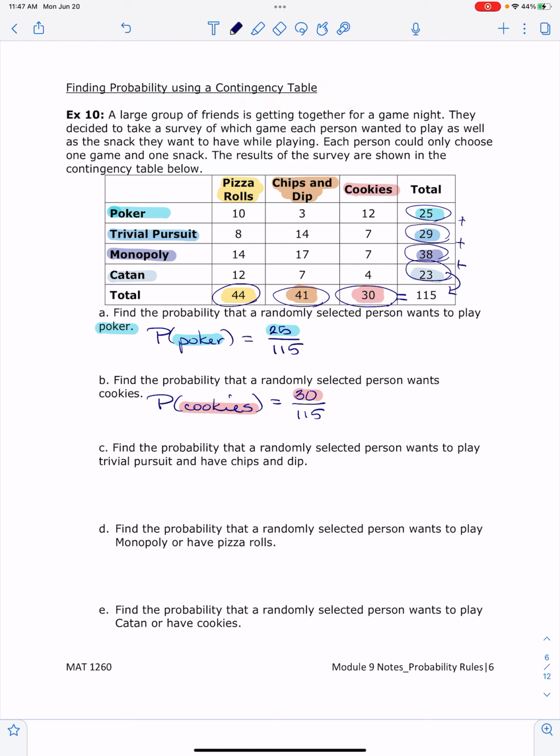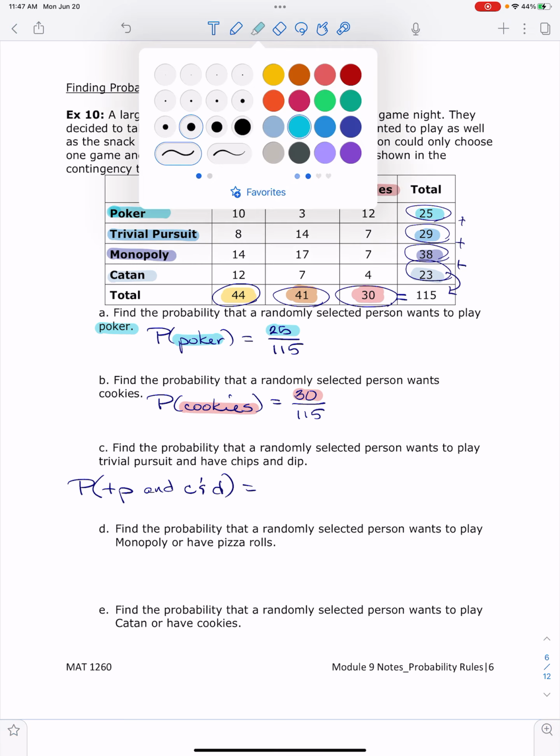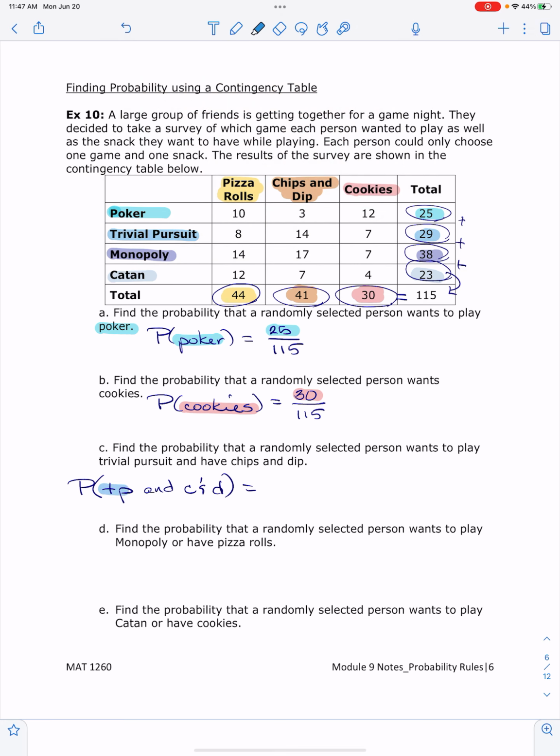Find the probability that a randomly selected person wants to play Trivial Pursuit and have chips and dip. So here's our Trivial Pursuit. And here's our chips and dip. So we are looking for the overlap.